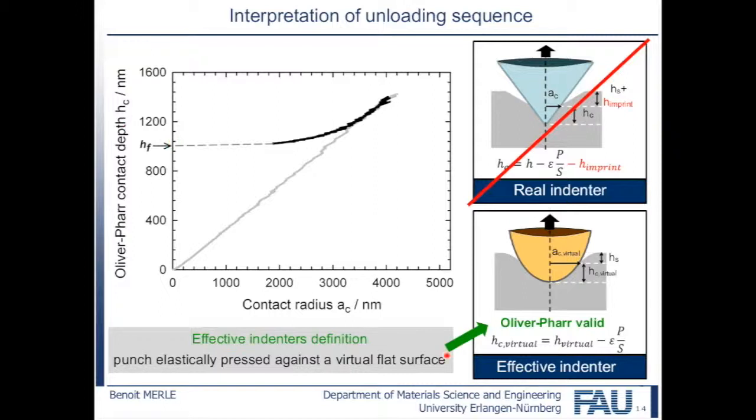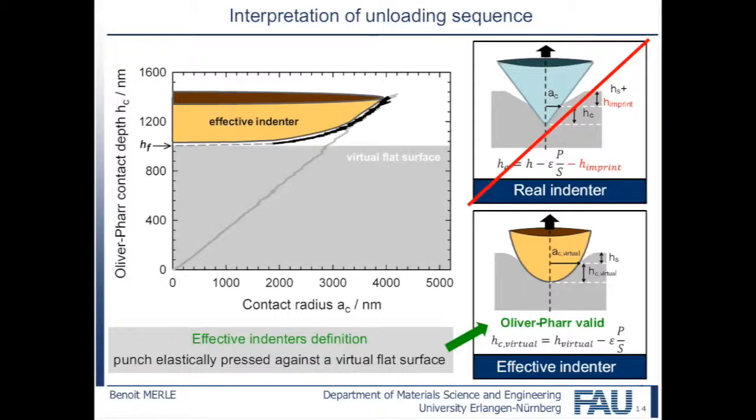And what we are seeing in the left diagram is nothing else than the shape of the effective indenter pressed on top of a virtual flat surface. So that is quite amazing because the effective indenter is virtual, it doesn't really exist. And still, it appears directly in the measurement data.